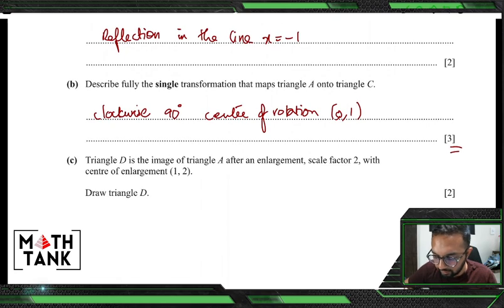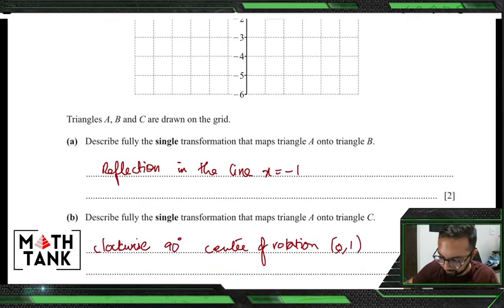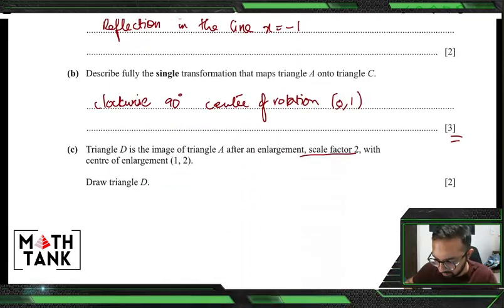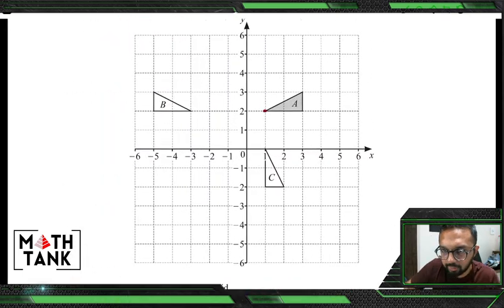Triangle D is the image of triangle A after an enlargement of scale factor 2 with center of enlargement 1, 2. So once I've done all of this, I'm going to erase this. And 1, 2 is here. Oh, that's on it. So I need to do a scale factor of 2. So this original point remains as it is. This distance is 2, so it gets multiplied to 4.